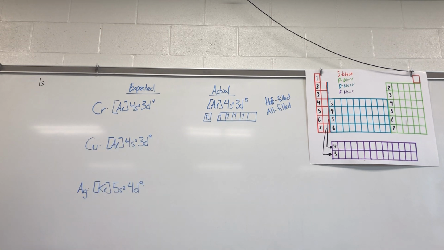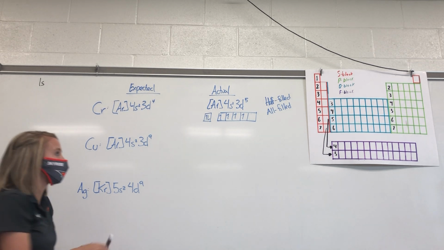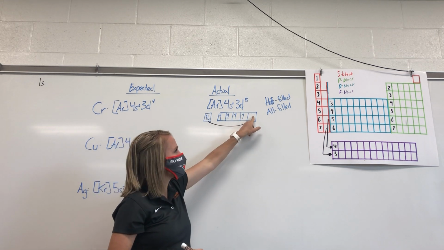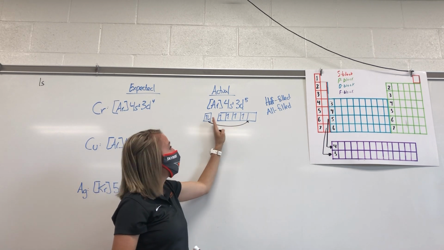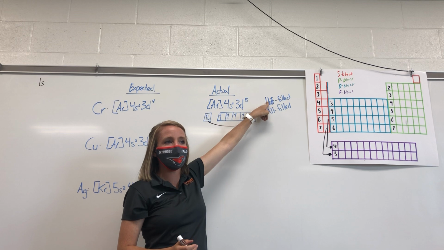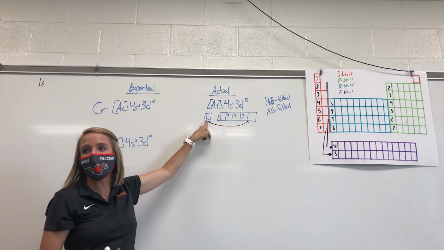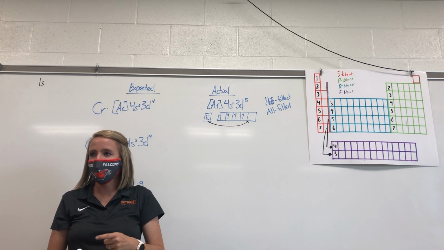So what scientists propose is that the atom uses a little bit of energy to move the electron here, resulting in a completely half-filled D shell. And technically, the S is also now half-filled.